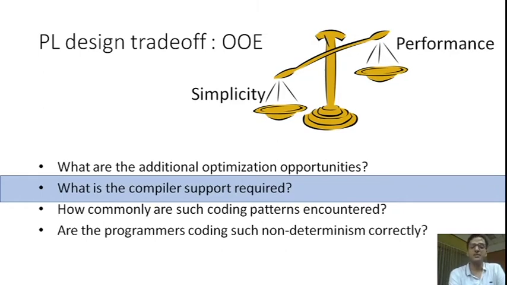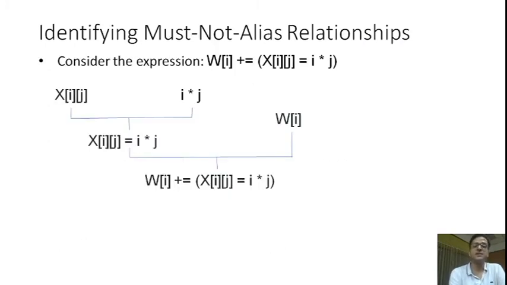So what is the compiler support required to realize this optimization opportunity? Consider this expression w[i] plus equals x[i][j] equals i into j. This expression contains multiple sub-expressions such as x[i][j], i into j, and the expression formed by the assignment operator x[i][j] equals i into j.